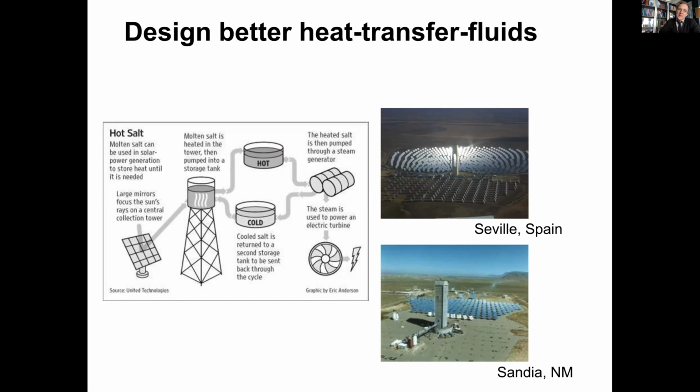So this is an elegant way to store energy, quite efficient. And then whenever you want to make use of the energy, you use the hot fluid to evaporate water and generate steam, which you can then use to run a turbine to generate electricity. And in this process, the hot liquid cools down, and this cold fluid can then be returned to the molten salt.